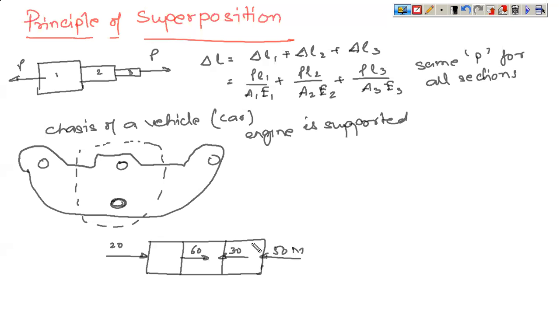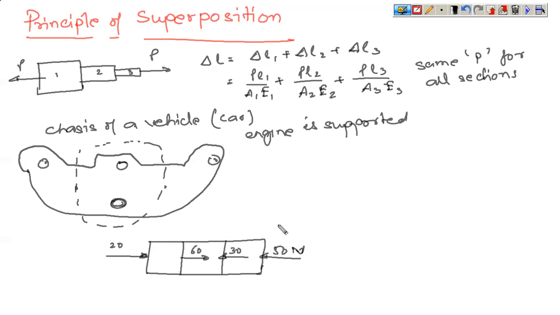So you can have a composite section like this, made up of 3 sections joined together, and they carry different loads at different points. One small complicated example is the chassis of a vehicle, where each joint is subjected to different loads at the same time.